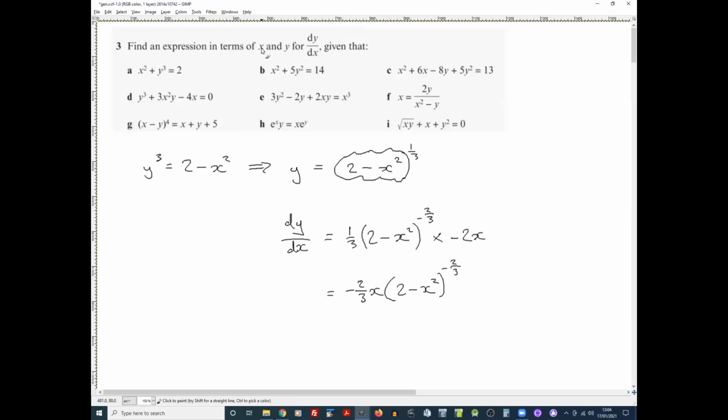In other words, get it in terms of x and y, where y probably is a function of x, but don't bother finding out this function of x, which is what y is.